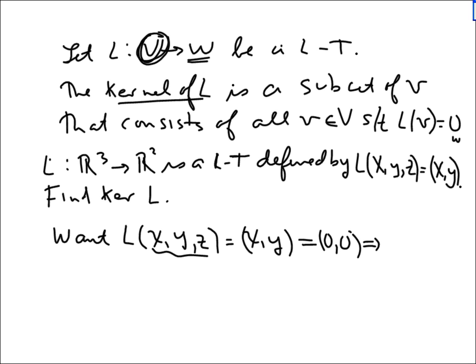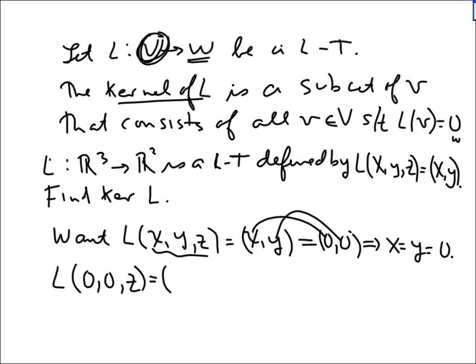Well, this implies that x equals 0 and y equals 0. That is, if you take L of 0, 0, anything, you will get 0, 0, which is the zero vector in W. Remember, you take L of V's and you get things in W.